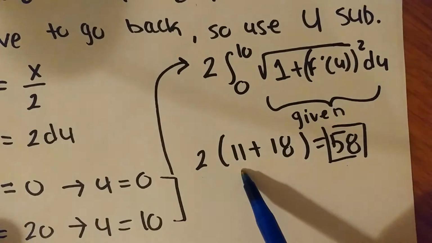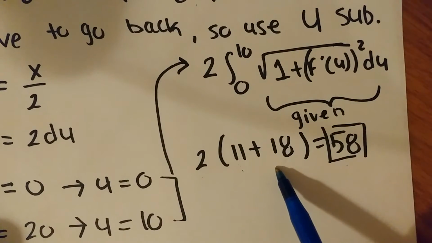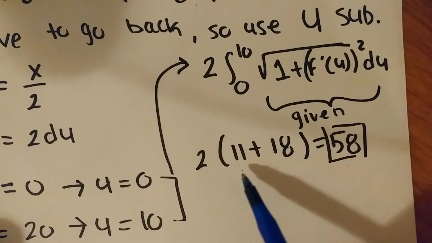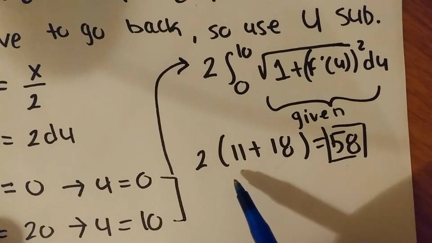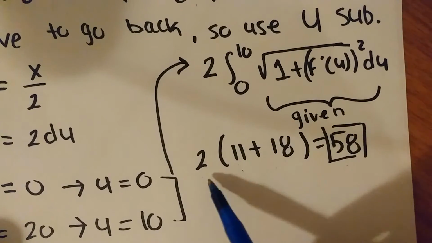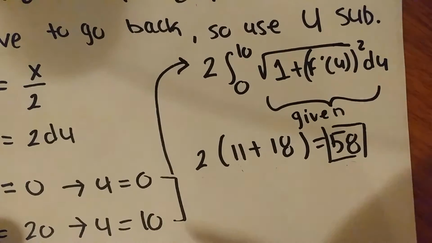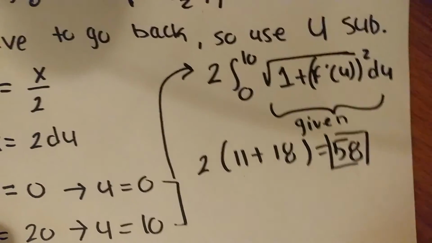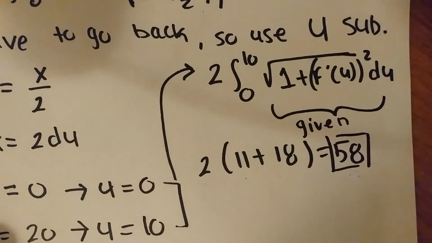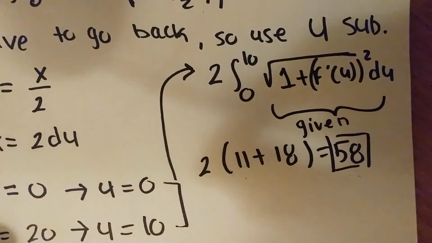So the first one is 11, and then the second one is 18. This is the a to b one, and this is 0 to 5 and 5 to 10. And once you do that math, plug it in the calculator or do it in your head or on paper, you'll get 58. And that's it for number 4, Form B, AP Calc 2011 exam.